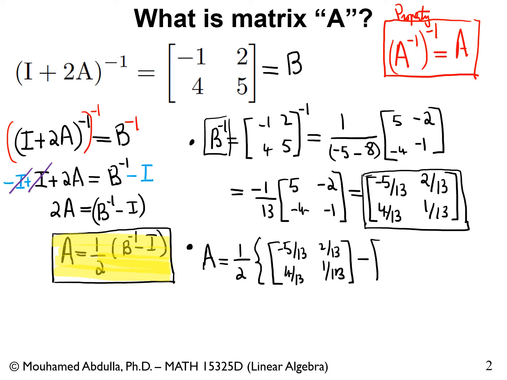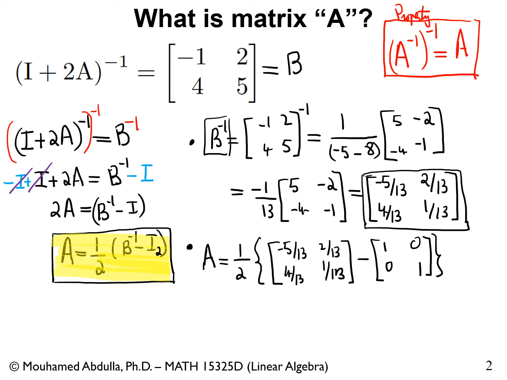The identity must be a 2 by 2 because otherwise subtraction would not work. So this must be a 2 by 2. That's why I wrote the sub 2 here, which means that it's a 2 by 2. The B inverse is also a 2 by 2, and multiplied by a scalar will give us a result. The A matrix will also be a 2 by 2. So we'll have a 1 in the main diagonal, 1, 0, 0, 1, like this.